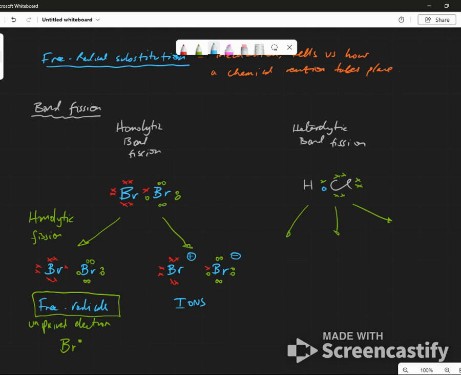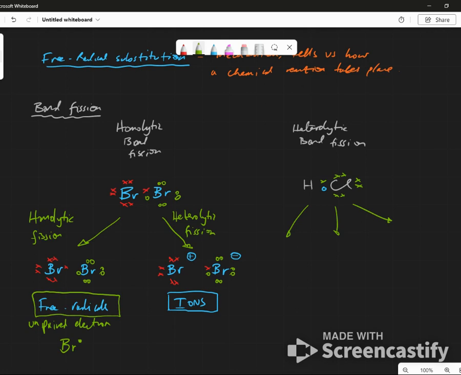This uneven split is known as heterolytic fission. Homo means the same, hetero means different. So homolytic fission gives free radicals, nothing's charged. Heterolytic fission gives ions, a positive and a negative.